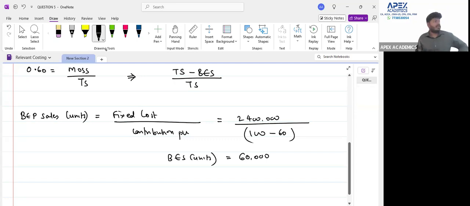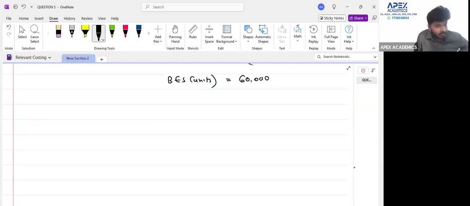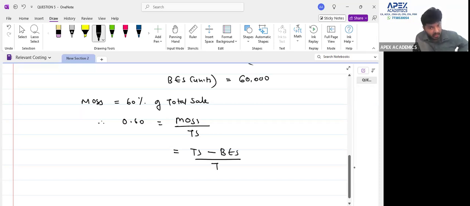Any doubts? Any questions? Now if I ask you, calculate MOS, you can calculate MOS. Margin of safety is equal to 60% of what? Of total sales. Therefore, 60% is equal to margin of safety sales upon total sales, which is nothing but total sales minus break-even sales upon total sales.